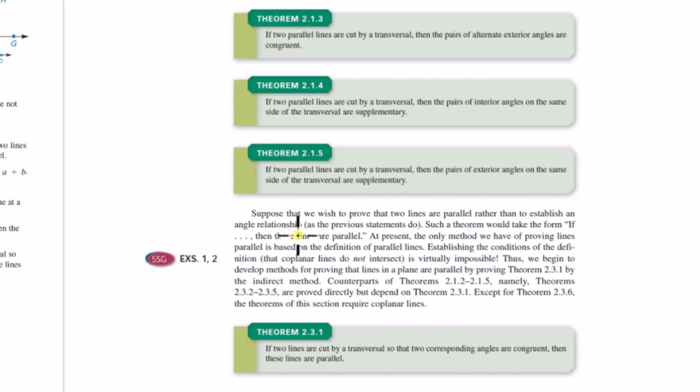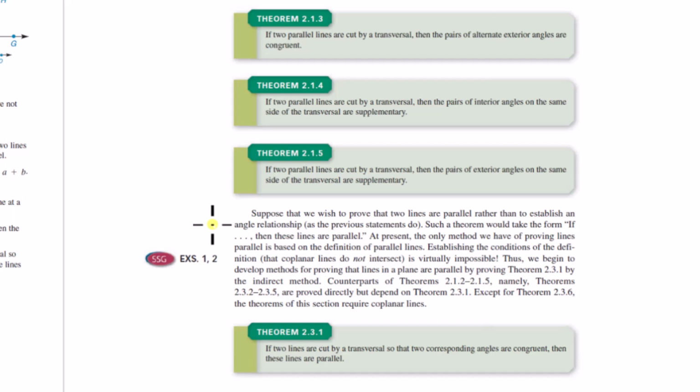All right, suppose that we wish to prove that two lines are parallel rather than to establish an angle relationship. Such a theorem would take the form, if something, then these lines are parallel. So if we think about this, the idea is you can think about what is the minimum amount of information that we need.